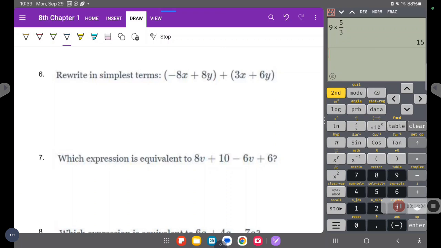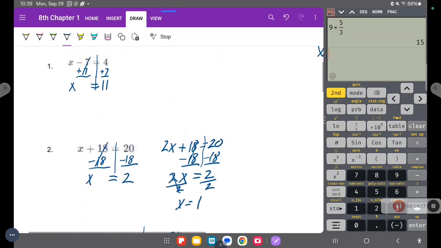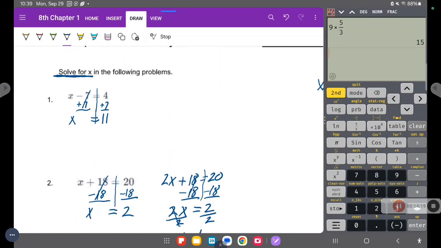Okay, to study for a math test, you cover up the answers and see if you remember how to do it. You rewrite the problem, and you go back to problem number 1, and you cover up the answer and you see if you know how to do it. What I normally do is give you bonus points.